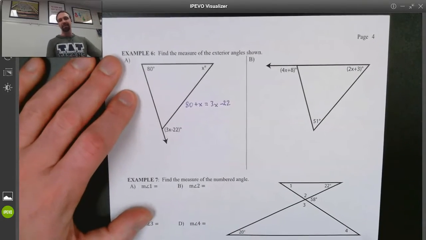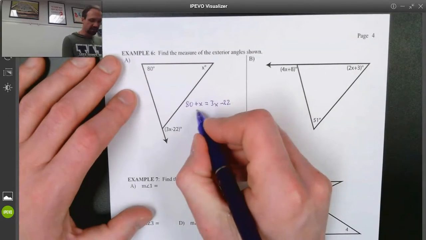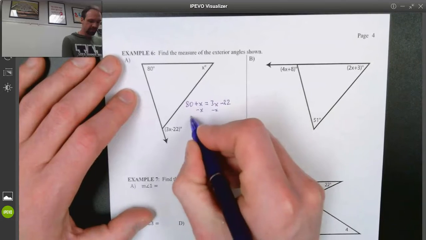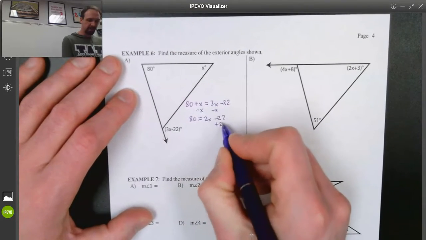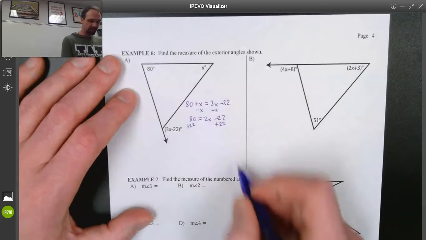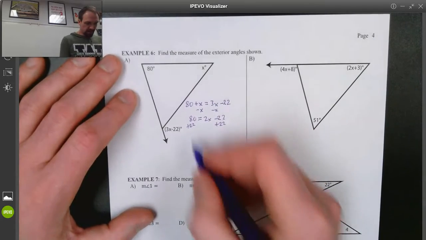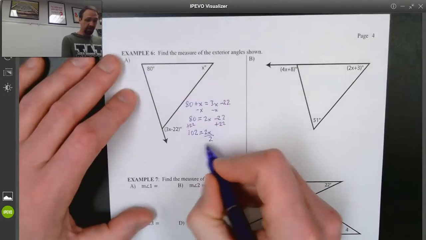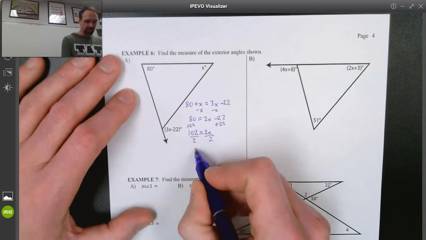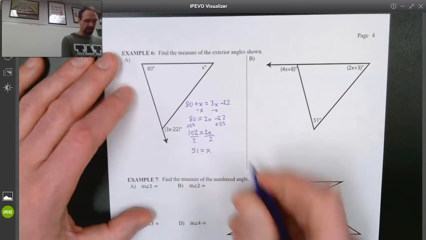I want to subtract x from both sides. That gives me 80 equals 2x minus 22. I'm going to add 22 on both sides. So that gives me 102 equals 2x. Divide by 2, and I get 51 equals x.